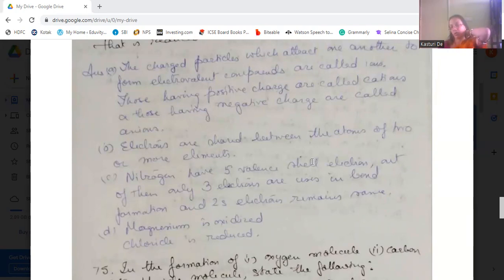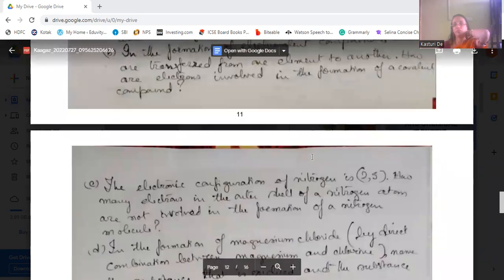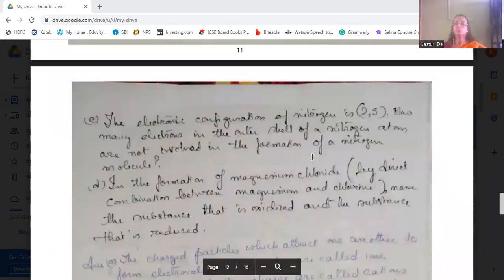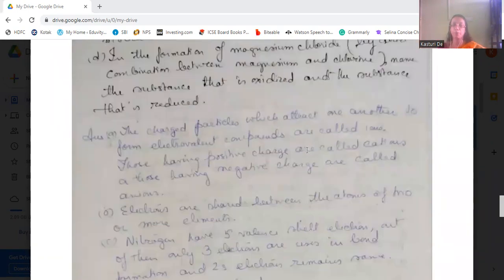In molecule formation, 3 electrons will be required. So 5 valence electrons are there. From that, 3 electrons will be shared and 2 electrons will be left, so 2 electrons will not be shared.